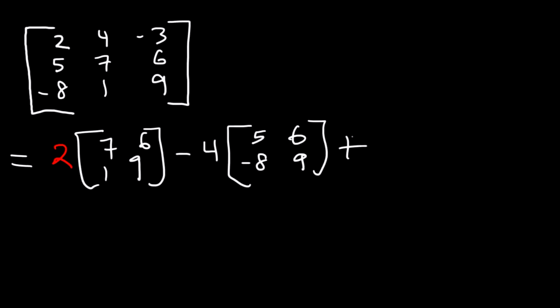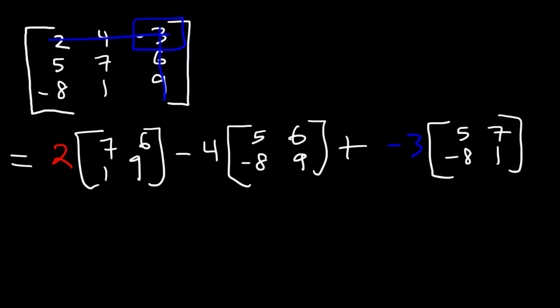Now the next number that we have is negative 3. So we're going to get rid of row 1 and column 3. So we have a negative 3 on the front. And then we're going to write what we see here: 5, 7, negative 8, 1. So that's how you can simplify the 3 by 3 matrix into 3 2 by 2 matrices. Now let's evaluate these 2 by 2 matrices.